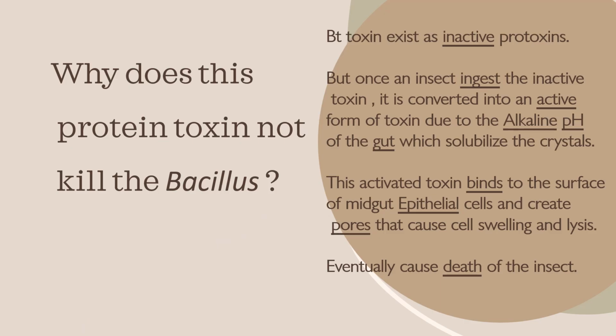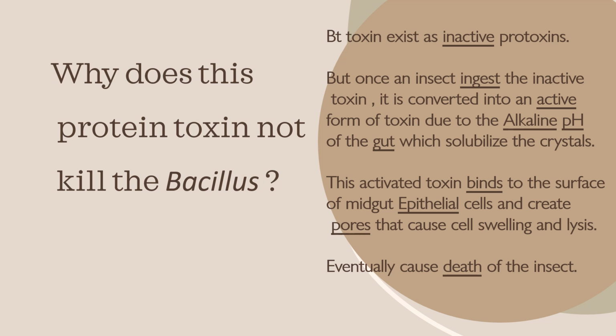Now, you know that Bacillus thuringiensis produces a protein toxin which is insecticidal in nature, that means toxic to insects. Then you might have a question in your mind: why does this protein toxin not kill the bacillus itself? The answer is that Bt toxin produced by Bacillus thuringiensis is present in inactive protoxin form.